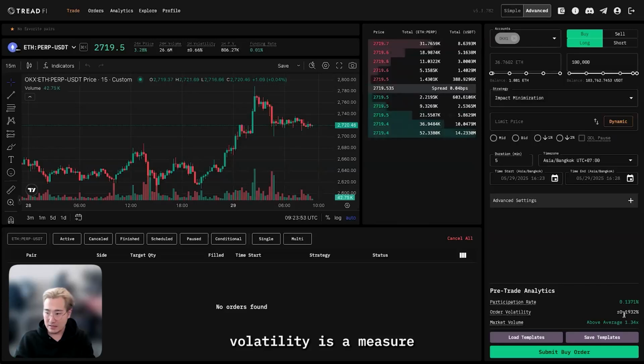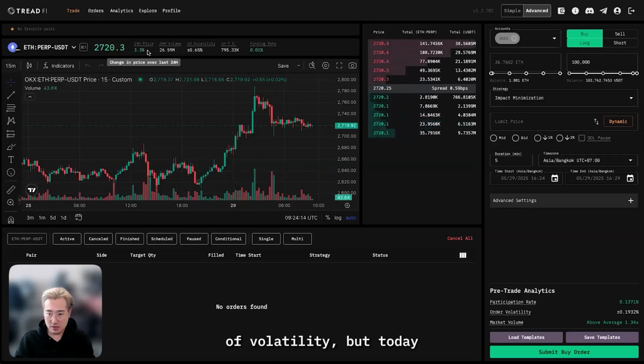Order volatility is a measure of how volatile the pair is that day. And then over 5 minutes, and I think one standard deviation, we expect the price to move either up or down by 0.2%. So it's not just using one day of volatility, but today ETH is up 3.3%.